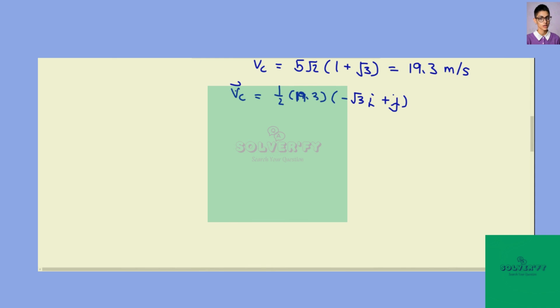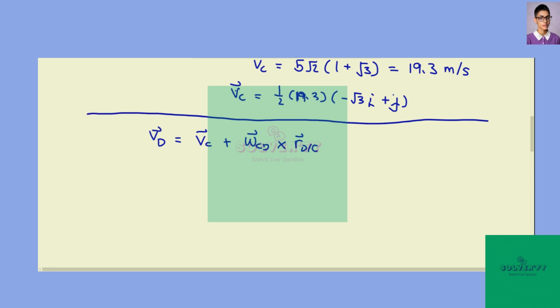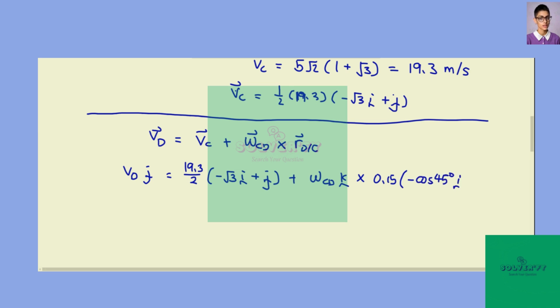So writing down, VD is equal to VC plus omega CD cross RD relative to C. So we have VD along the j direction is equal to 19.3 divided by 2 minus root 3I plus j plus omega CDK cross RDC, which is 0.15 minus cosine 45 degrees I plus sine 45 degrees j.